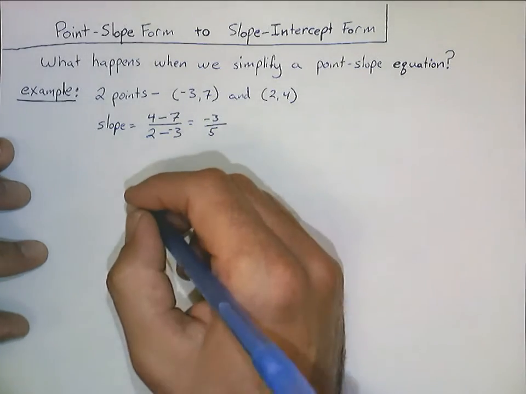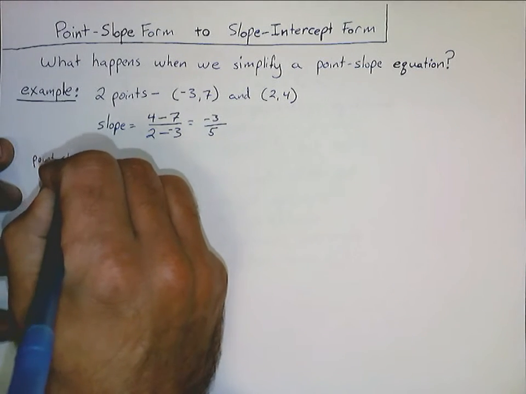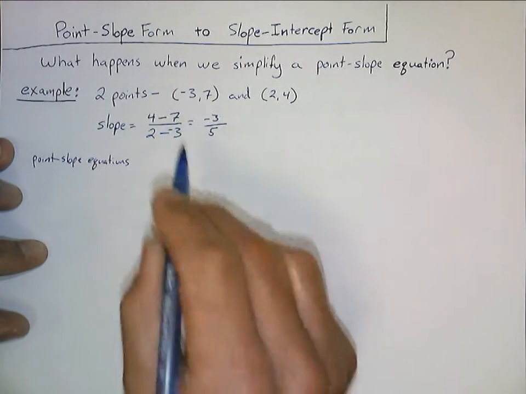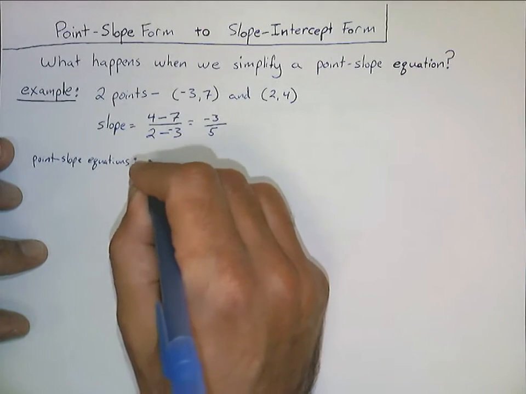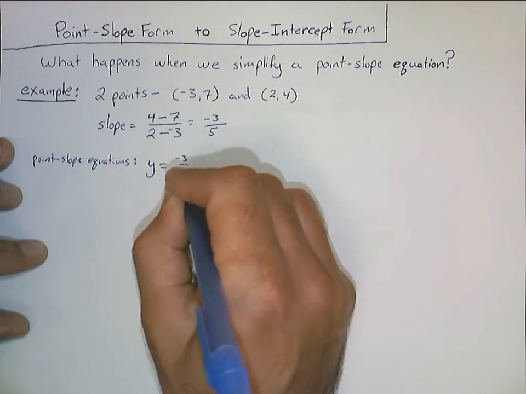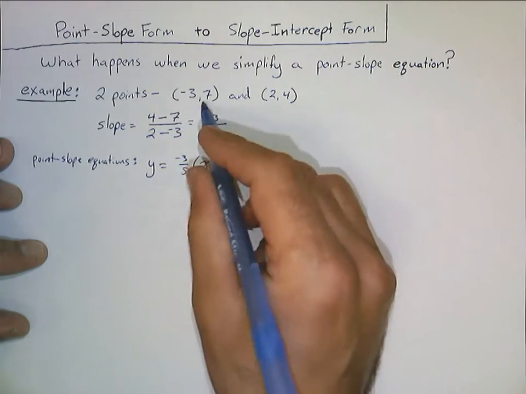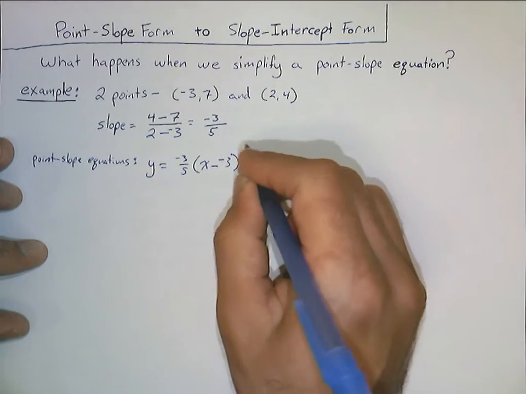So we can just write down the 2 point-slope equations. Using the first point, we're going to have y equals -3/5 times x minus the x-coordinate plus the y-coordinate.